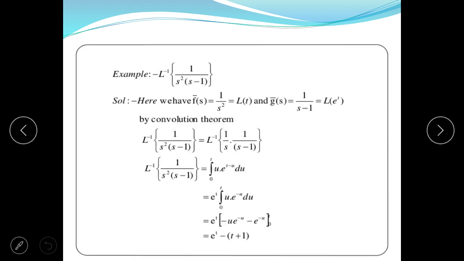Next question is, take the Laplace inverse of 1 upon s square into s minus 1. In this question, first of all, we have to separate each part of the denominator. So here we have f bar s is equal to 1 upon s square and g bar s is 1 upon s minus 1. Means the function is separated into two parts.